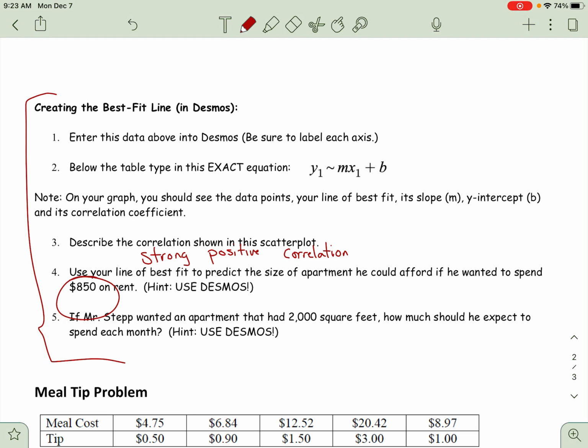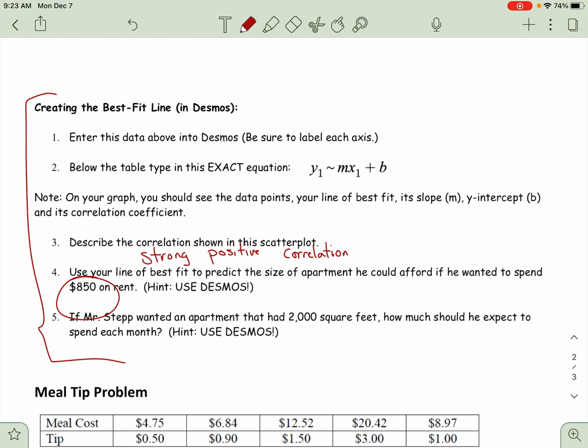If Mr. Stepp wanted an apartment that had 2,000 square feet, how much would you expect to spend each month? This time we're going to put the 2,000 for the y. We're going to plug that in and solve for x. So subtract 546.53 from both sides.